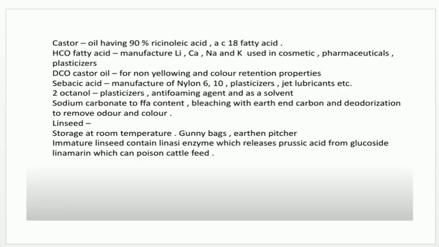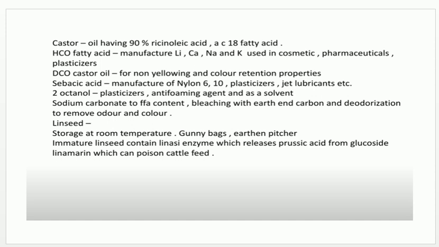And castor oil extraction process. The oil has 90% ricinoleic acid, an 18-carbon hydroxy fatty acid, used in cosmetics, pharmaceuticals, plasticizers, and dehydrated castor oil for non-yellowing and color retention properties.